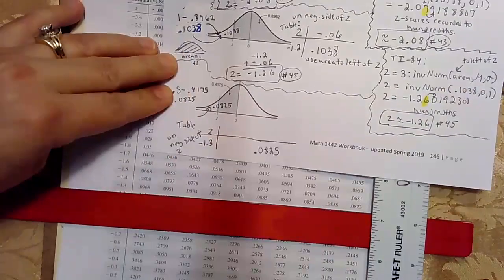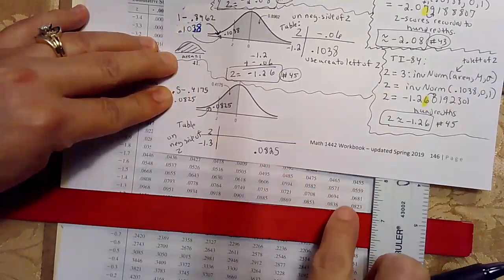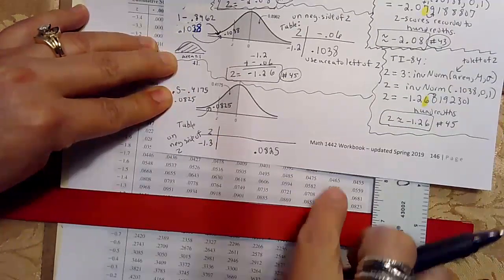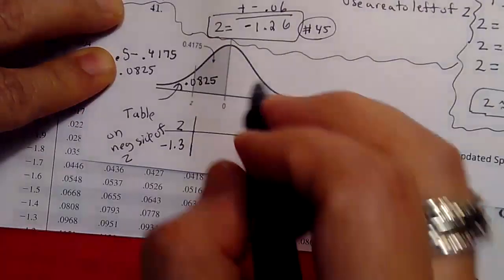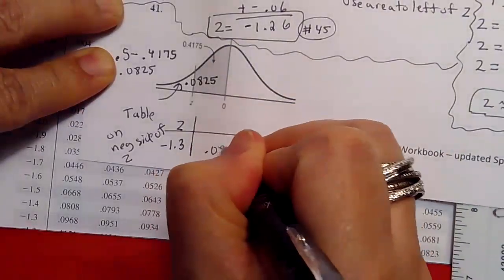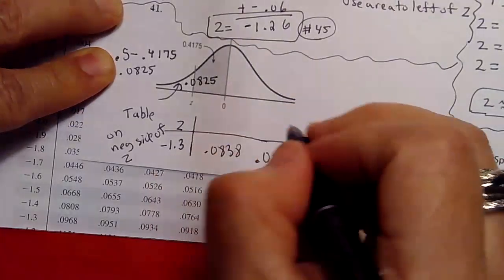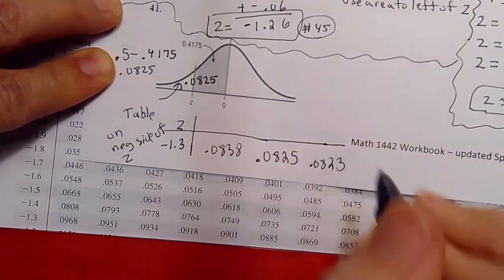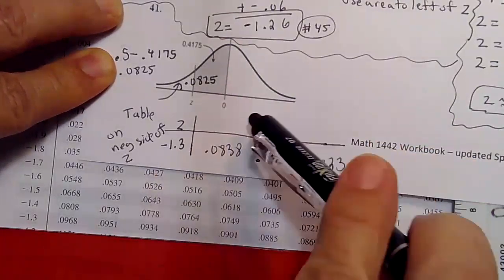And then the 0.0825 is somewhere in between these two. So I'm going to put 0.0838, and then 0.0823. So 38 and 23. Now I want to grab these top parts.